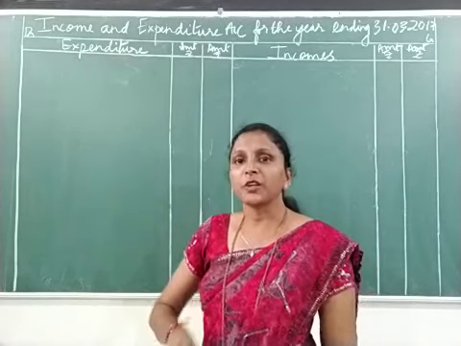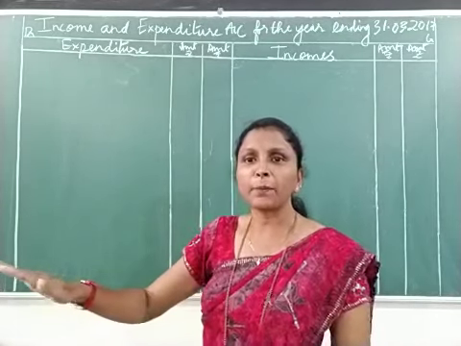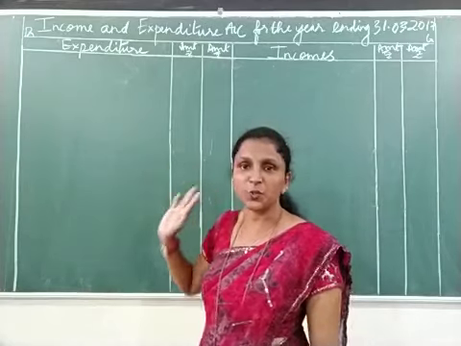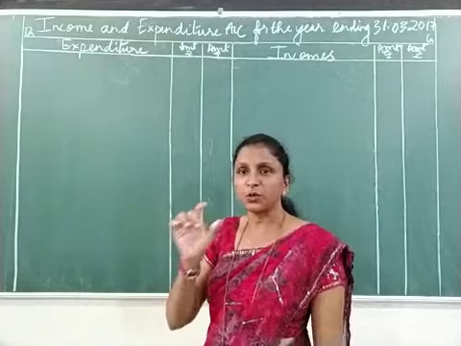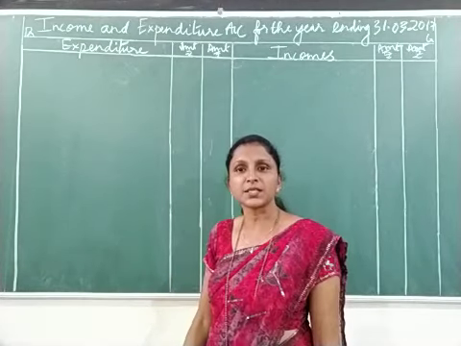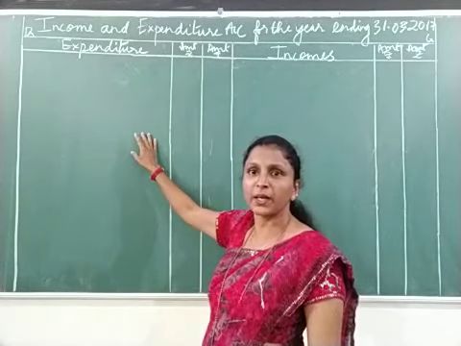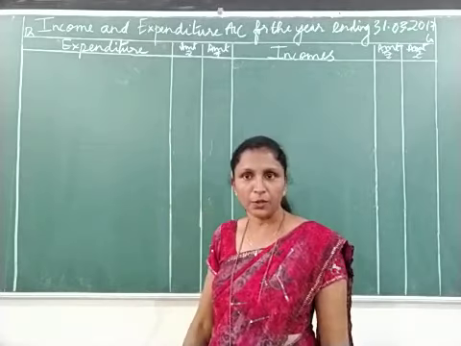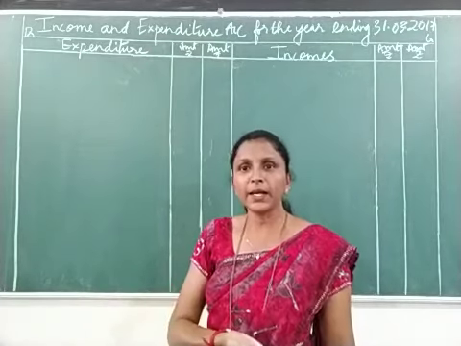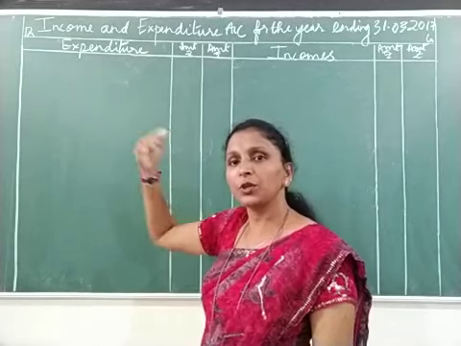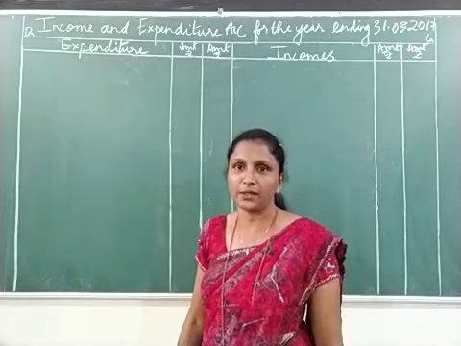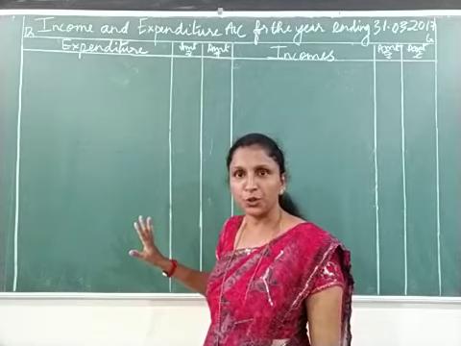Among those, we should not take any capital items to the income and expenditure account. We have to take only revenue items. We have to select the revenue items from the receipts and payments account, and we have to prepare the income and expenditure account. All the capital items which we are not including in this account will go to the balance sheet. That we'll see later. Now, so much is understood to you.